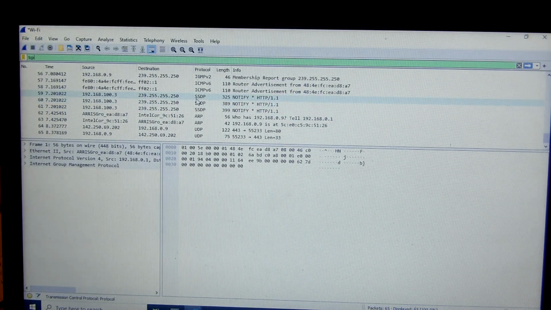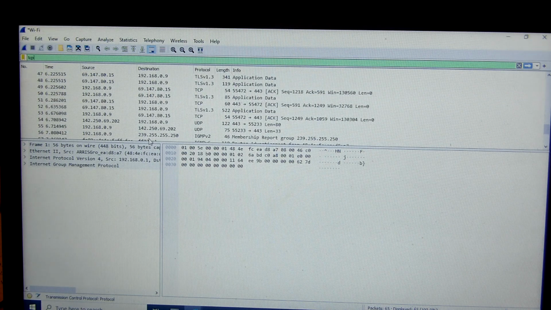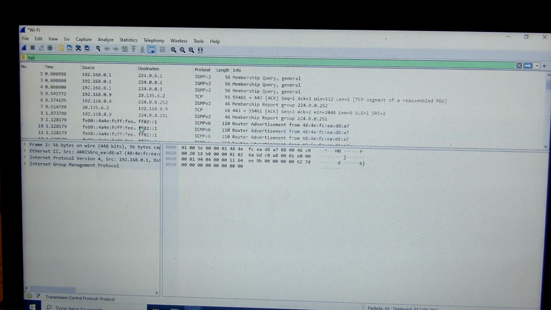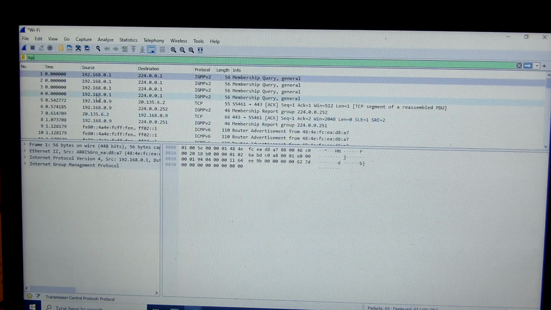And then you see this is my IP address. Destination 239. This was the gateway, I think.